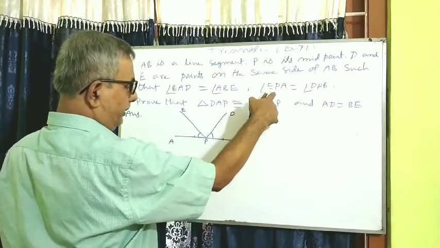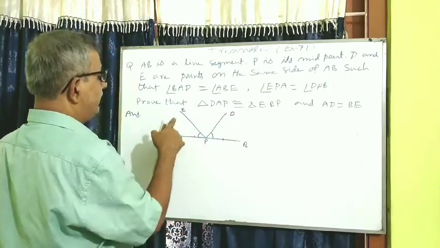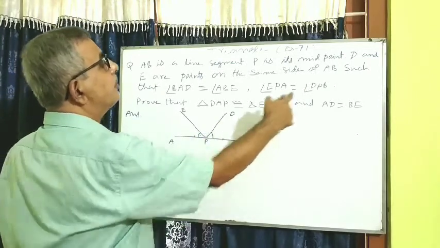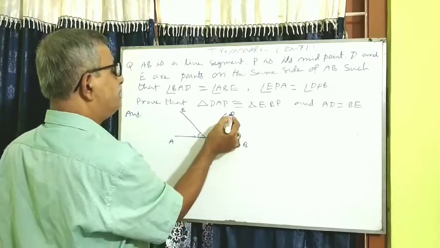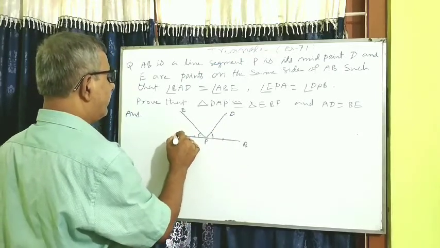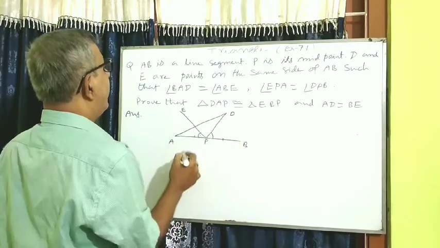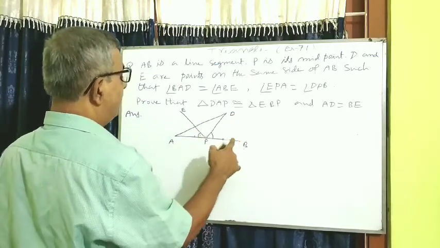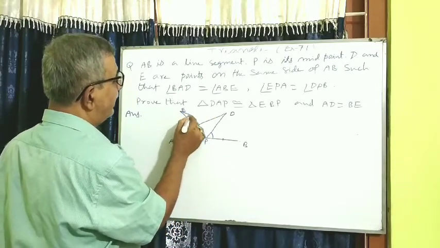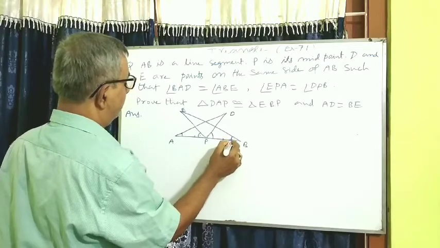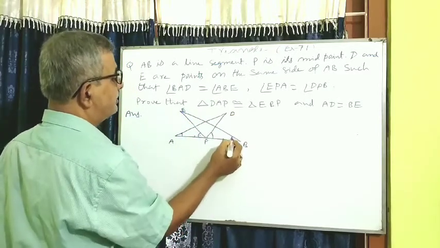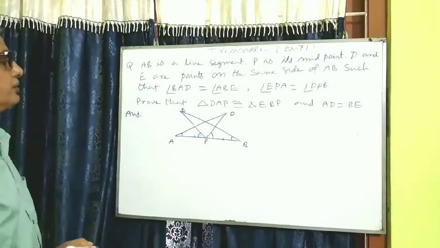EPA. Where is EPA? This angle is equal to DPB. And then which more angle is there? Angle BAD, this angle, is equal to angle ABE.